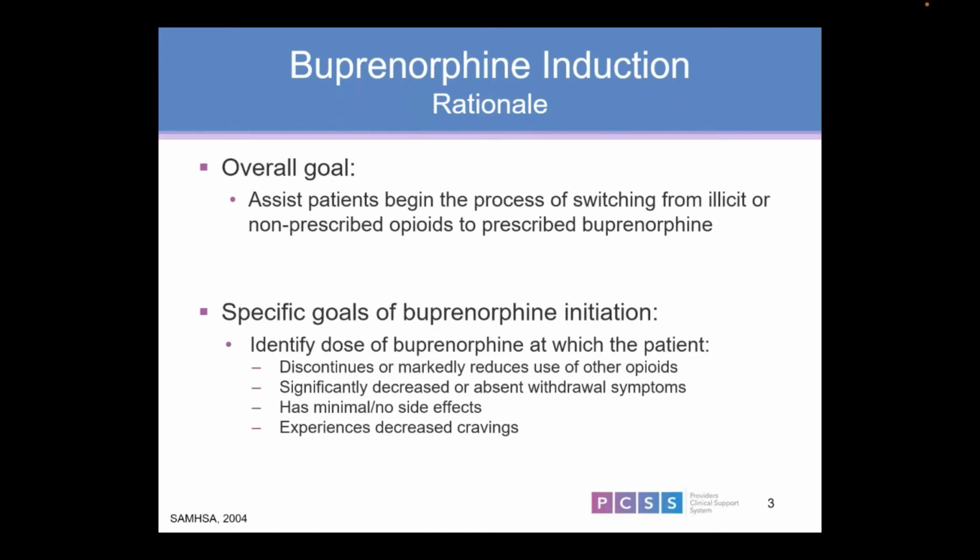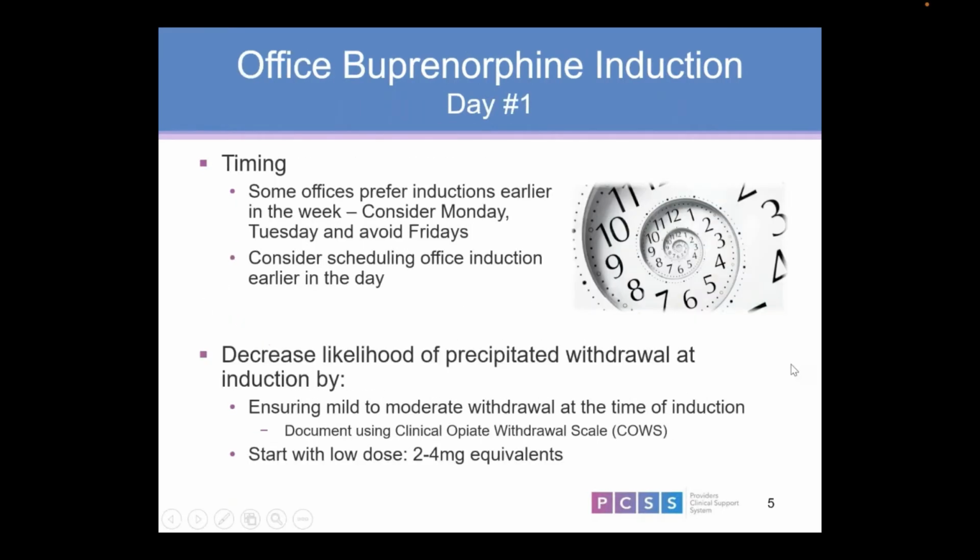But again, we want to make this transition as smooth as possible for the patient so that they stay engaged. They shouldn't have much in the way of side effects typically. We've talked a little bit about that in previous modules. And certainly a major goal is that their cravings go down significantly, so that they, again, can get on with their lives in a more healthy way.